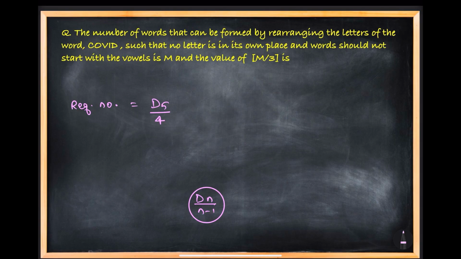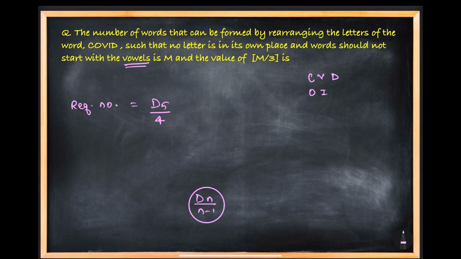They do not want the word to start with a vowel. Okay, so C O V I D. Correct? So this means what? The word should start from a consonant.